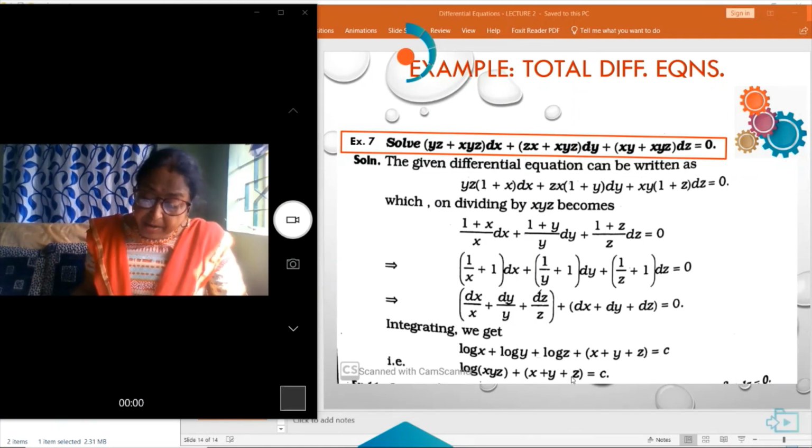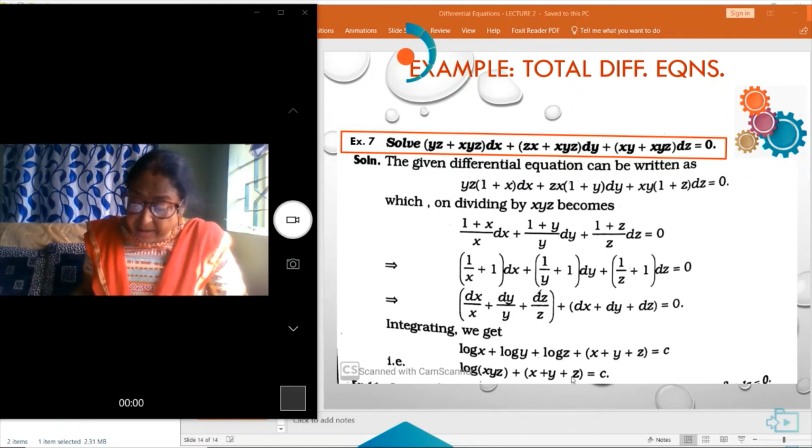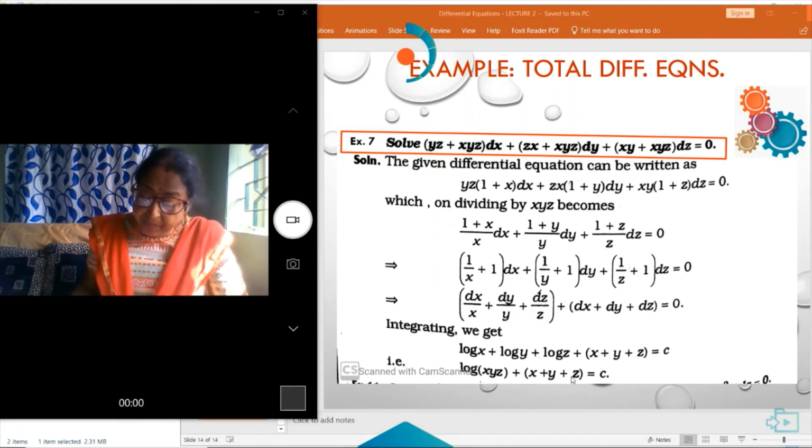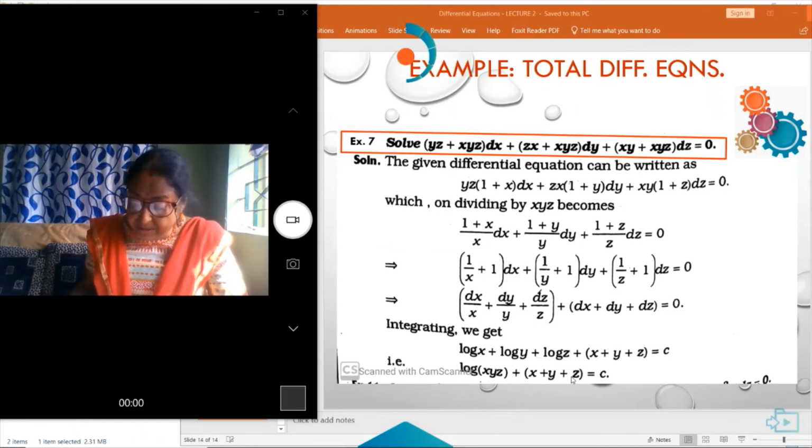So the condition of integrability is satisfied when P into del Q by del z minus del R by del y, plus Q into del R by del x minus del P by del z, plus R into del P by del y minus del Q by del x. When this comes to 0, then only we can proceed further with this type of equation.